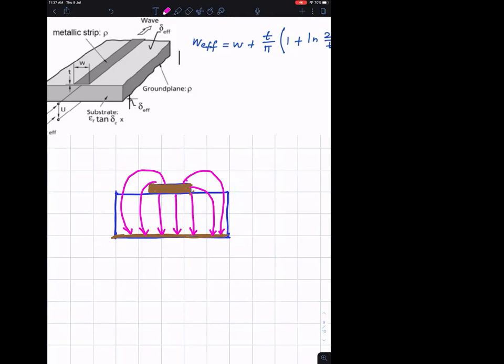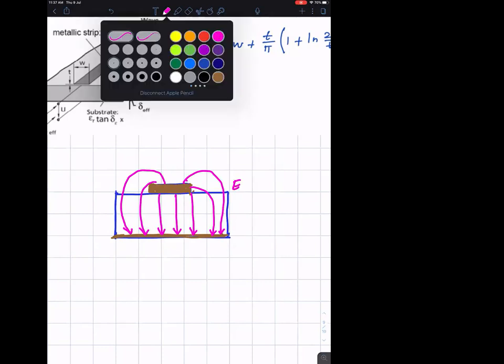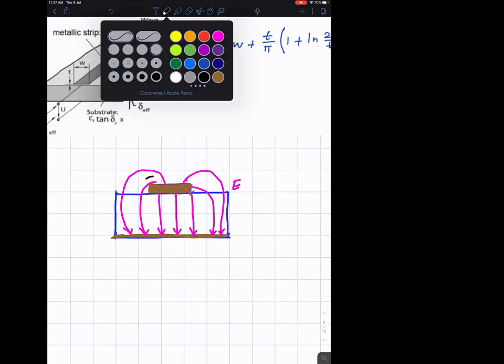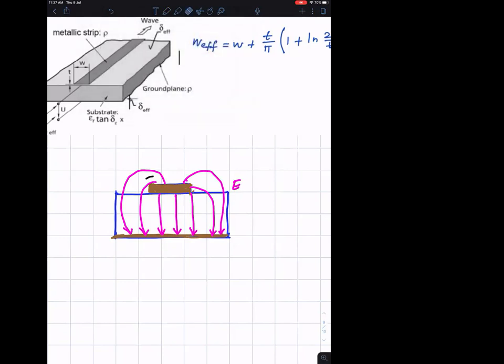Okay, that's electric field, E. And then magnetic field. Magnetic field is going to circle around the conductor.